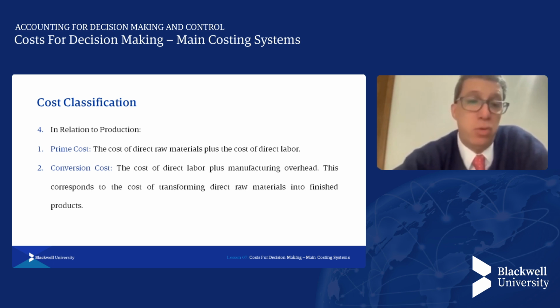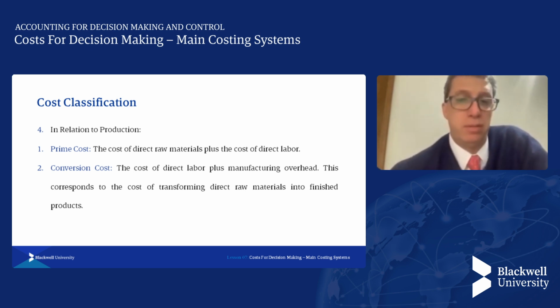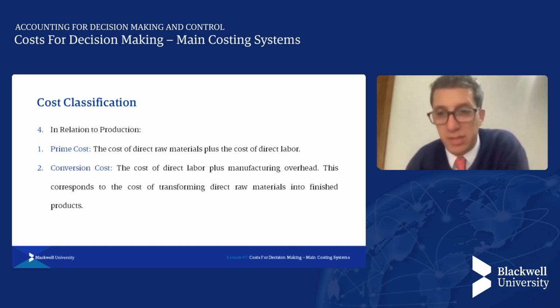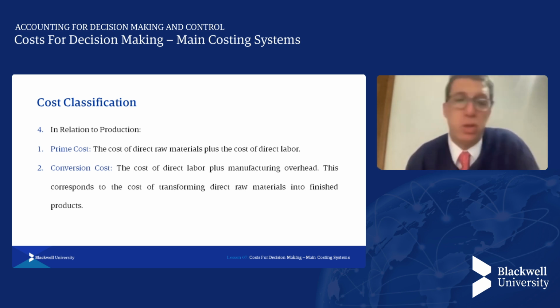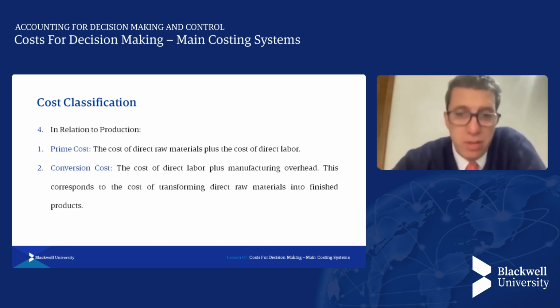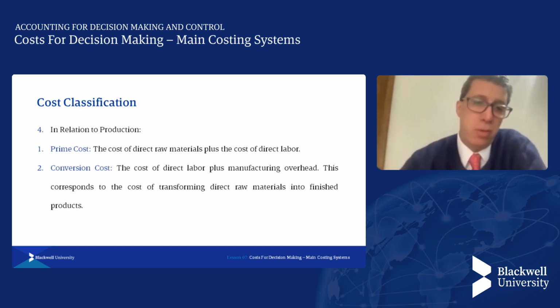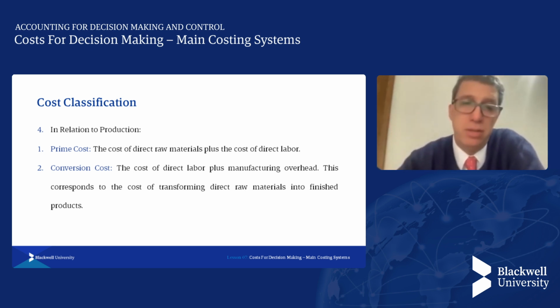They correspond to the cost of transforming direct raw materials into finished products. Therefore, prime cost is the cost of direct raw materials plus the cost of direct labor, and the conversion cost reflects the cost of direct labor plus manufacturing overhead, which corresponds to the cost of transforming direct raw materials into finished products.